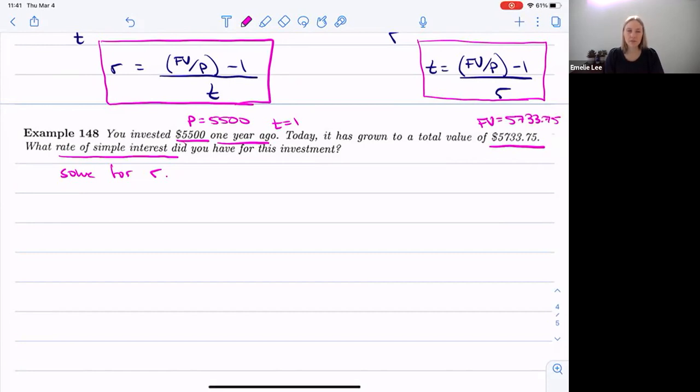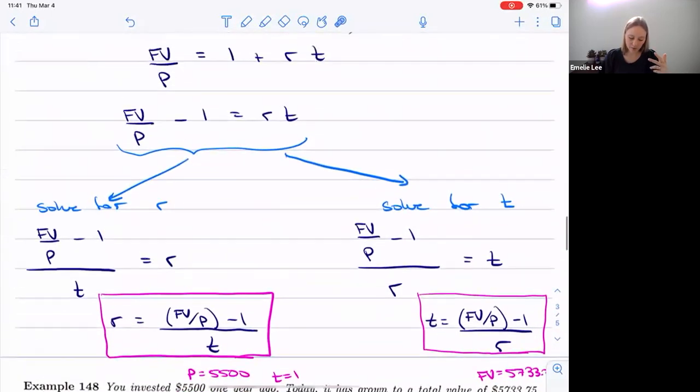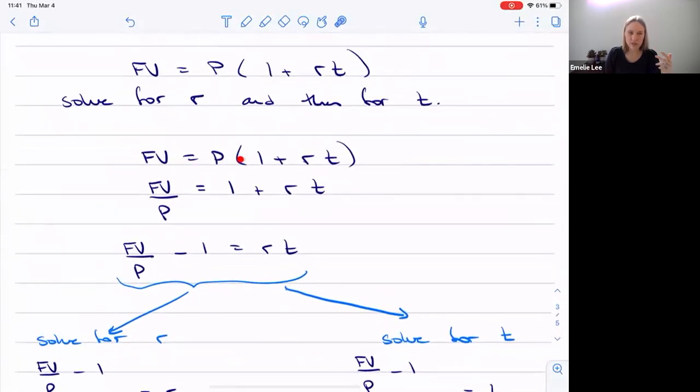Okay. So what I want to do, and you can double check, right? I'm not going to use this R formula, even though we just derived it, but for some more practice, I'm going to put it into this original formula and then rearrange and solve for R, right? I know we're all a little bit different in how we like. Some people like to have all the formulas worked out and then you can just grab whichever one you need.